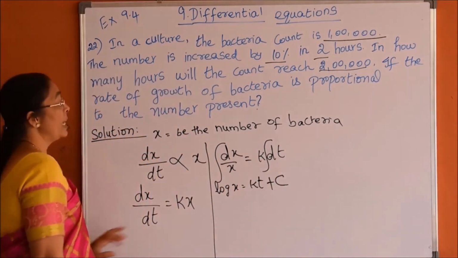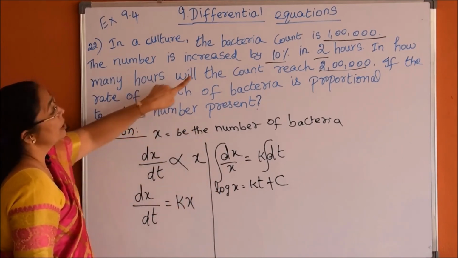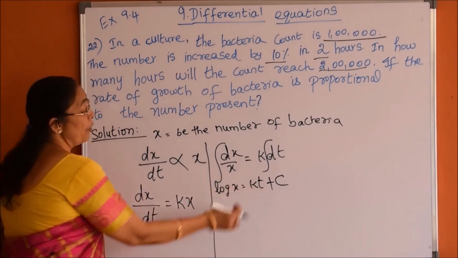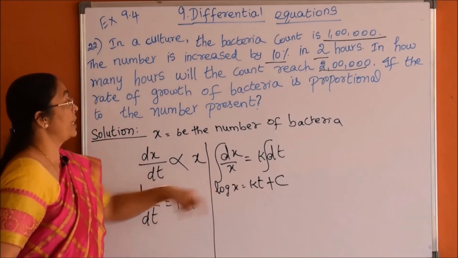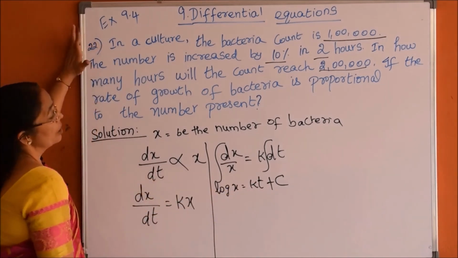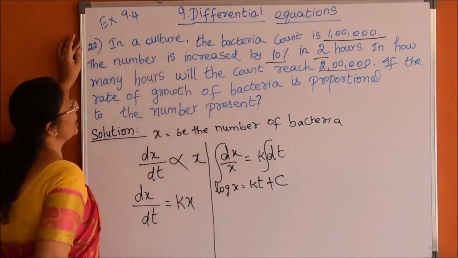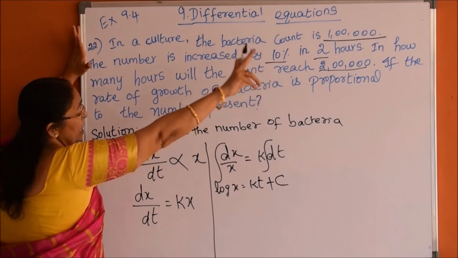Now, we have to find the unknown quantities' values. The question is, in how many hours, so we need the t value. So, we have to find the k value, the c value, and the x value at that particular time. To get the unknown values, we will use the other conditions. It is given the bacteria count is 1 lakh in the beginning.